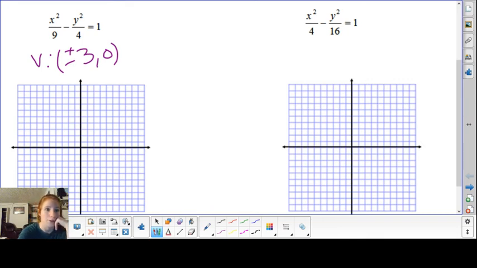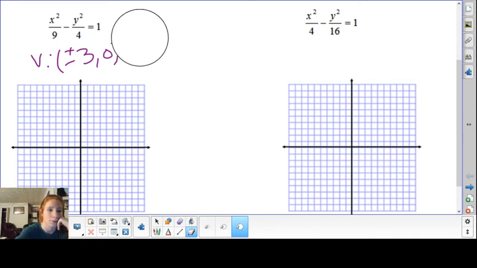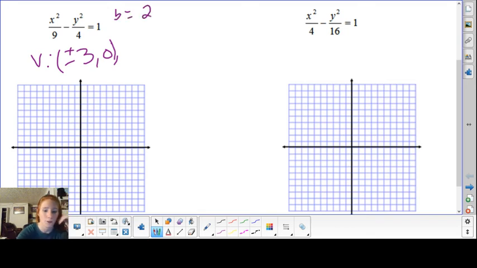We know our b is 2. B is equal to 2. So that equation that we just wrote, y is equal to b over a, so I have 2 over 3 x.